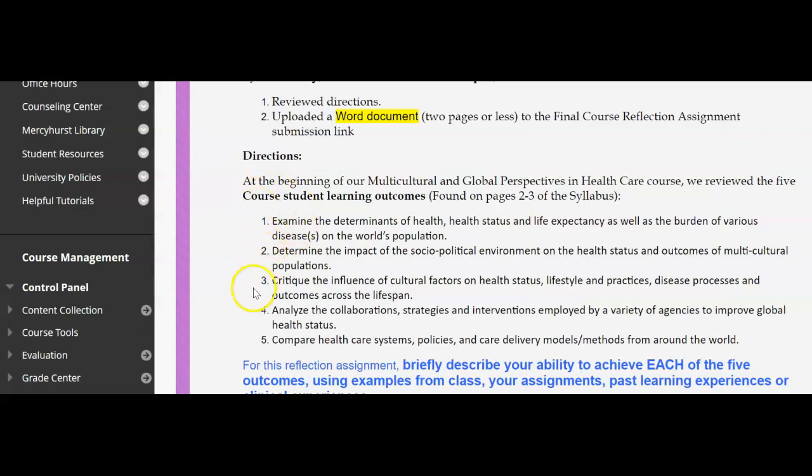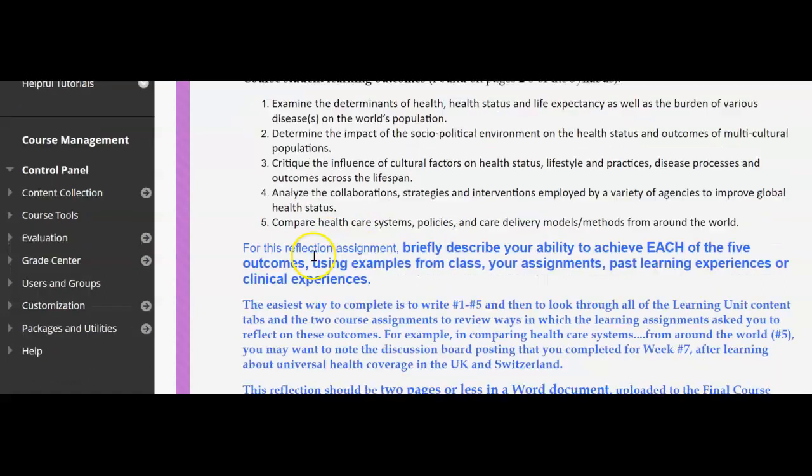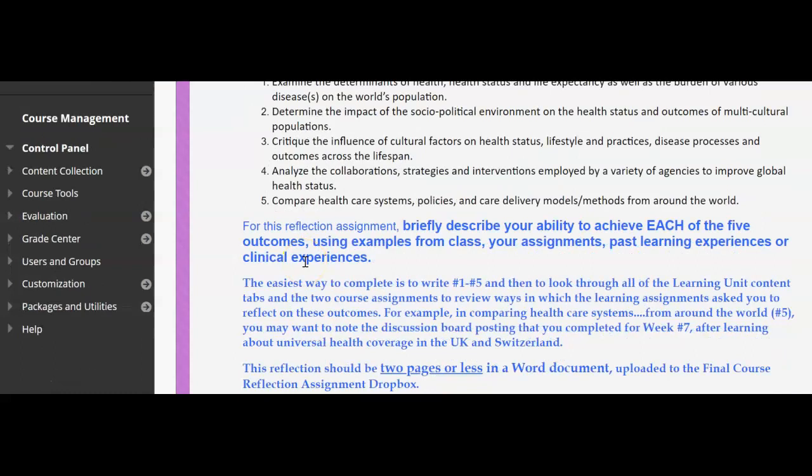Here are the 5 learning outcomes. You can read through those and reflect on that. Then to finish this paper of 2 pages or less, besides putting your name on it, I'm asking you to write number 1 through 5, right? It's the easiest way to do it.